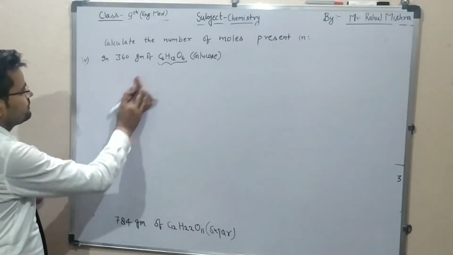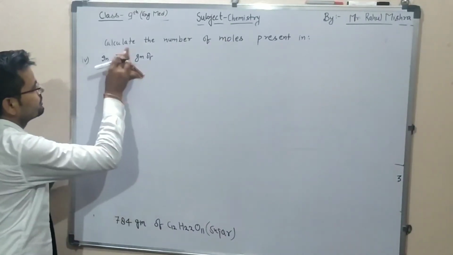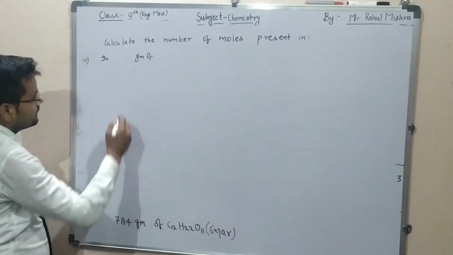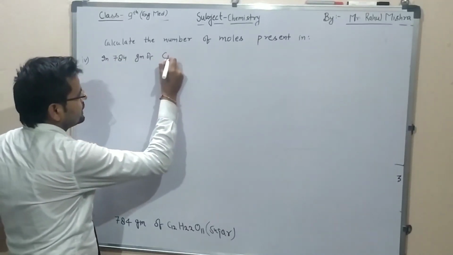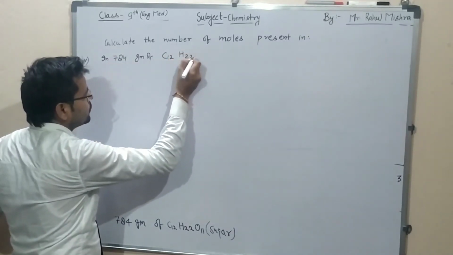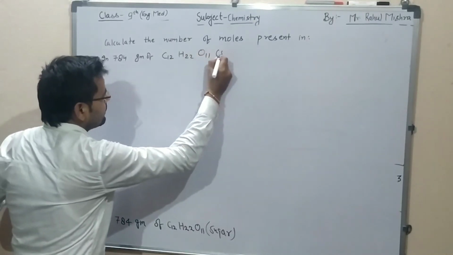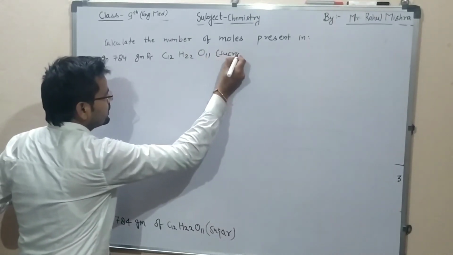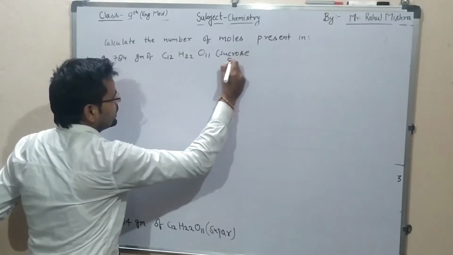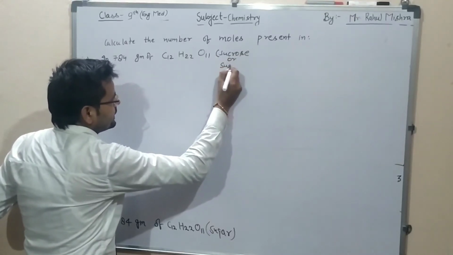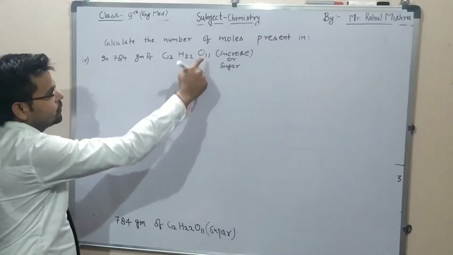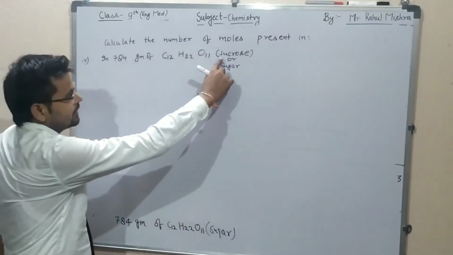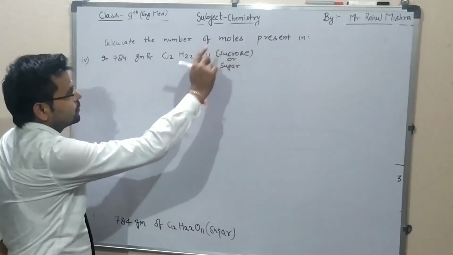So listen, in 784 gram of C12H22O11, this is the formula of sucrose or sugar. ये चीनी का फार्मूला C12H22O11. This is the formula of sugar or sucrose.